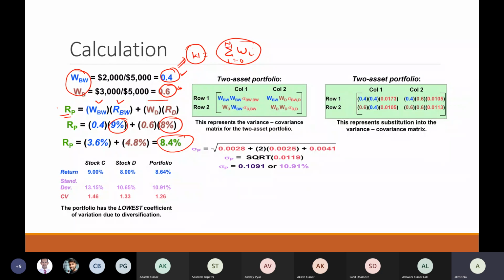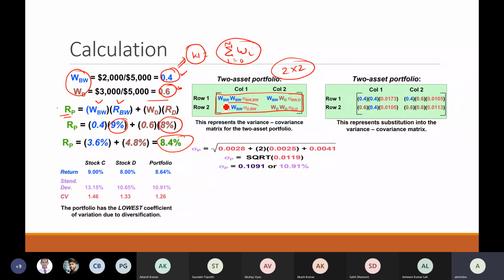And the tricky part is, because this is a 2x2 asset case, you will have a 2 cross 2 matrix. And if you remember your matrix calculation, when you consider this entire thing, you will have this term.